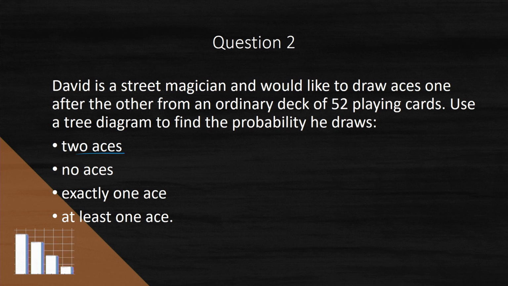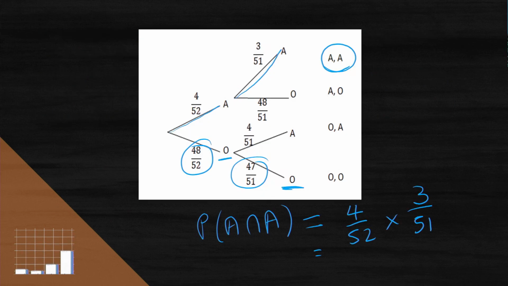The third part wants to know the probability that he gets exactly one ace. So there are different ways that he can get one ace. He can either get an ace on the first draw and then any other card on the second draw, or he can get any other card on the first draw and an ace on the second draw. So we've got to add those two probabilities together. So what exactly are we adding?